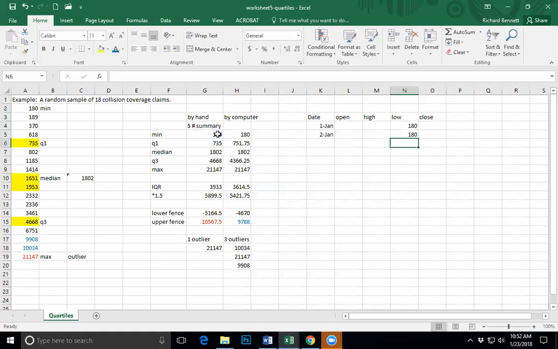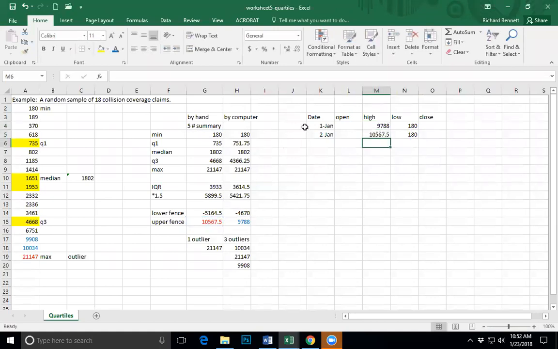On the high side, do I have outliers? Yes. On the high side, I want you to use the upper fence, because in this case, for the computer, it's 9788. For by hand, it's 10,567.